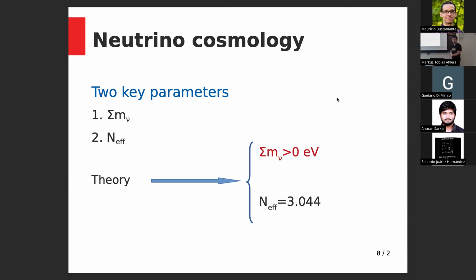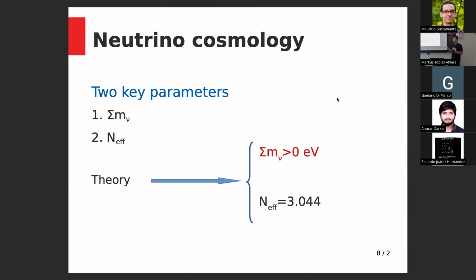Let's move on to neutrino cosmology. Generally speaking, we have 2 key parameters to describe the properties of massive neutrinos on cosmic scales. The first is Mν, the sum of the masses of the 3 active neutrinos.